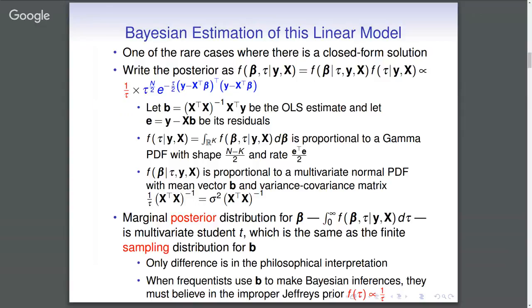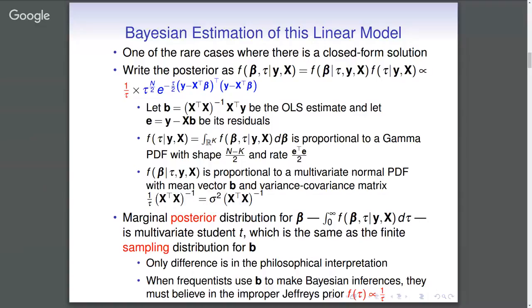Similarly, you can see here, if you take tau to be a constant, you can just drop it and you're left with this, which is the kernel of a multivariate normal. The PDF for beta conditional on tau is going to be proportional to a multivariate normal PDF whose mean vector is B, the OLS solution, and the variance covariance matrix can be written as sigma squared times the quantity X transpose X quantity inverse.